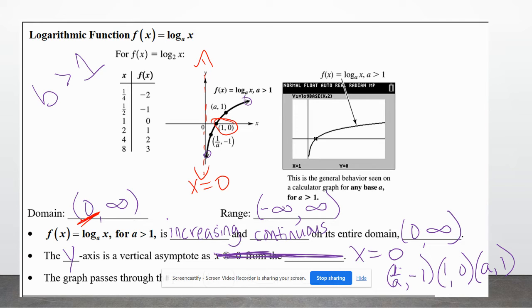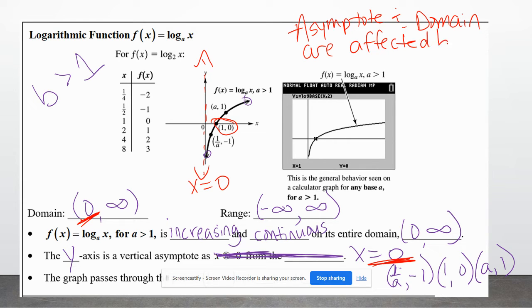Our domain and our asymptote still share the same value. And this time, our asymptote and domain are affected by horizontal shifts, left and right.